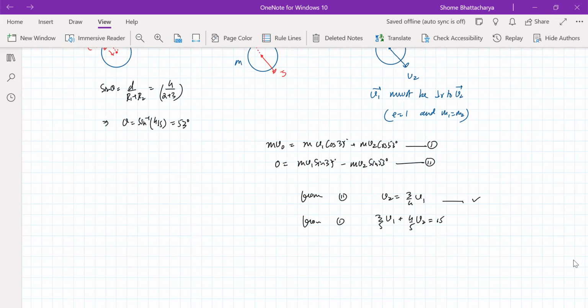So we'll just substitute this here: 4 by 5 into 3 by 4. Is this equation correct? Yes, sir.